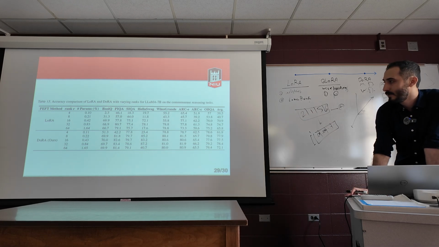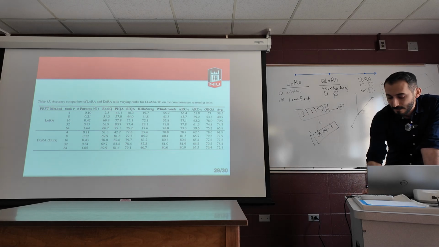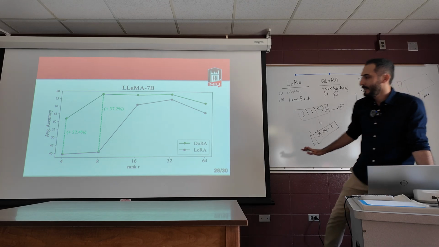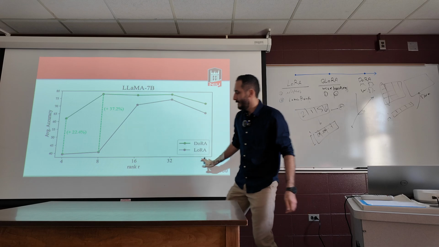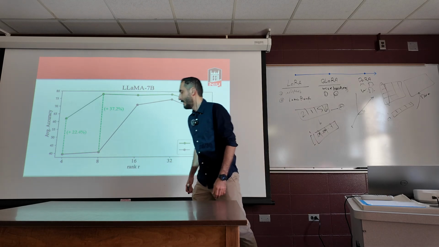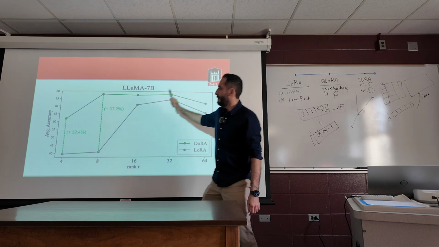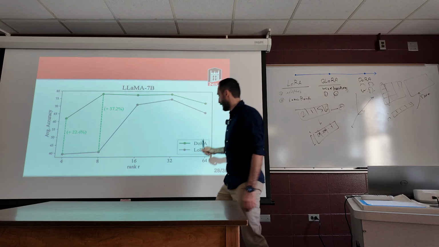But using the DoRA is really affordable, I think. And it's more accurate. And finally, you can see how much decreasing the rank of the LoRA cell in DoRA saves the performance better than the LoRA.